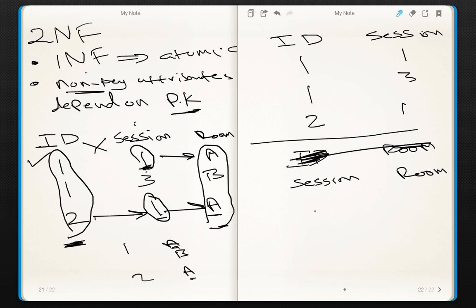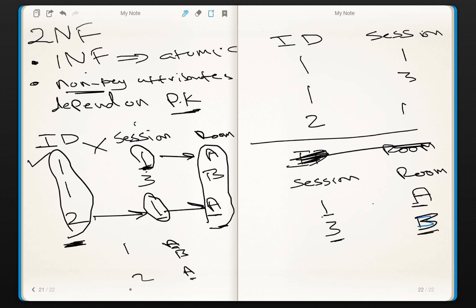So session 1 defines room A, and session 3 defines room B. Okay. Oh, what am I doing? Sorry. Right. So session 1 defines room A, and session 3 defines room B.